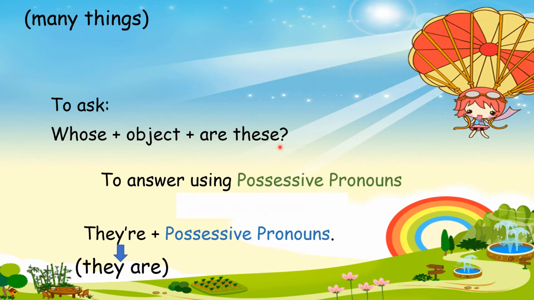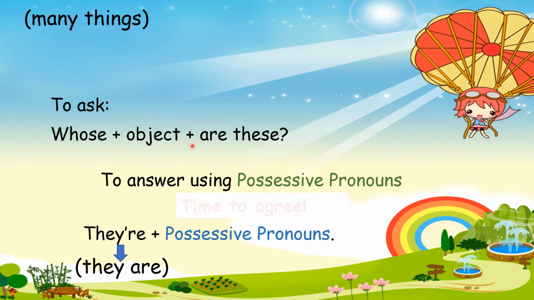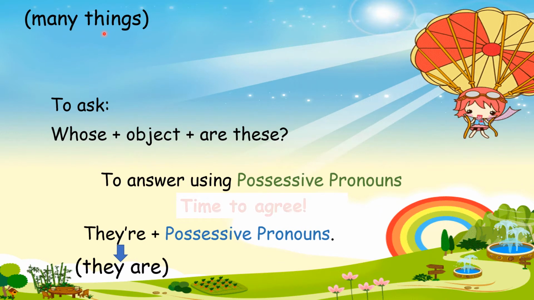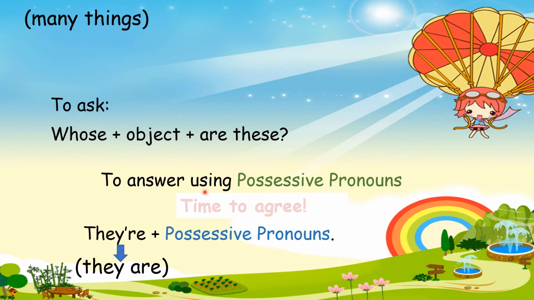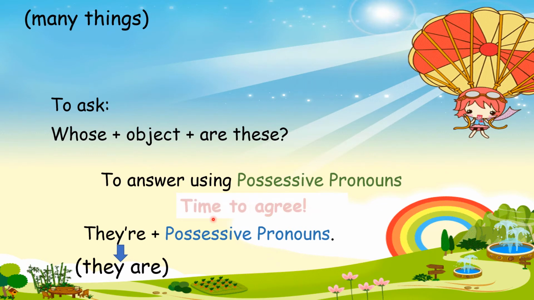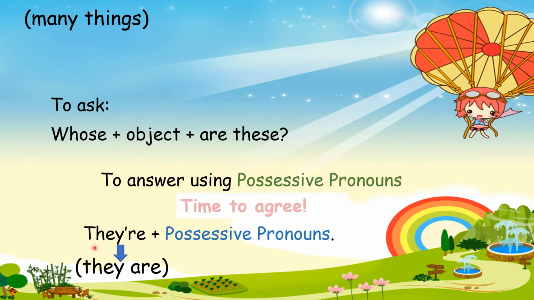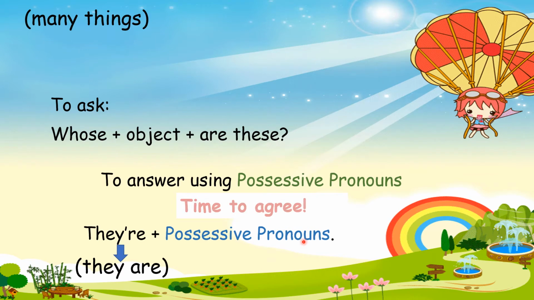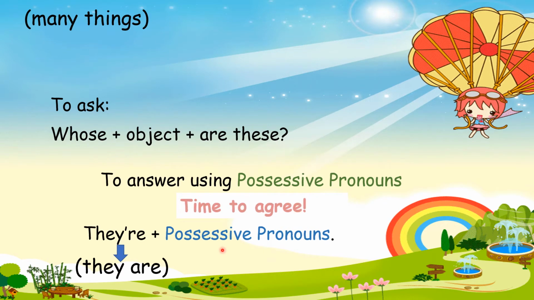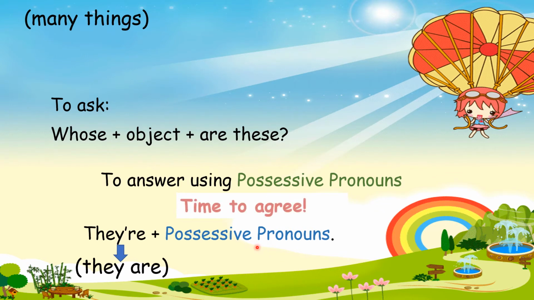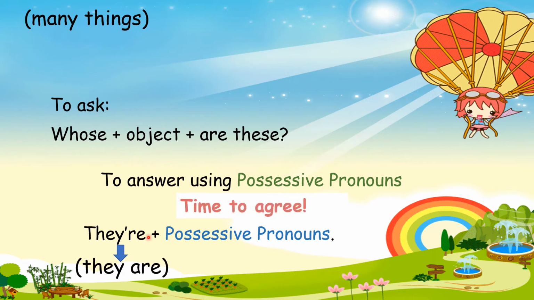When you see questions that have "are these," it means it's asking about many things. Now, to confirm the ownership of the things, we start the answer with "they're" followed by a possessive pronoun, for example, his, hers, theirs, ours, mine, or yours.